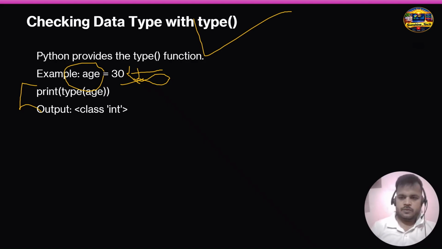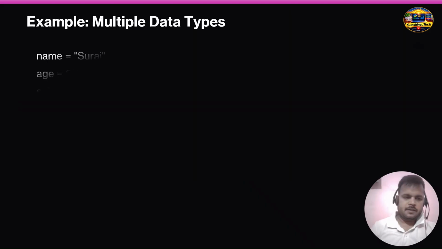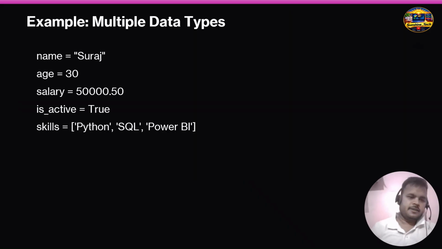So this is how we can use type to know the data type. Now we have multiple data types. You can see here the name, which is my name. You can store anything you have. This is the string data. Age is the integer data.